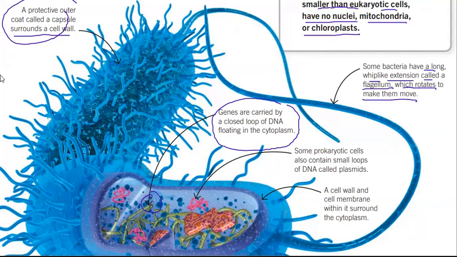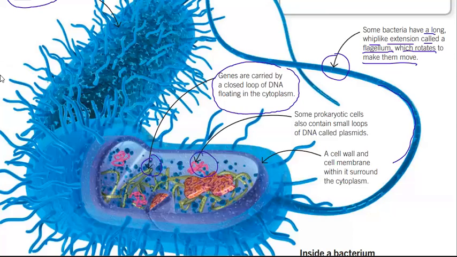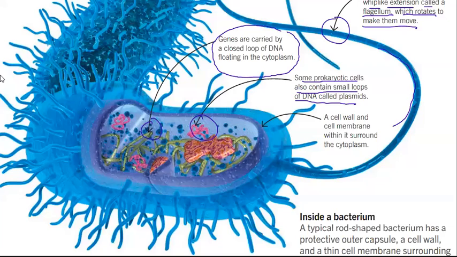This is this entire location. And this pink part is where some prokaryotic cells also contain small loops of DNA called plasmids. And this blue colored part is the cell wall and cell membrane within it, surrounding the cytoplasm.